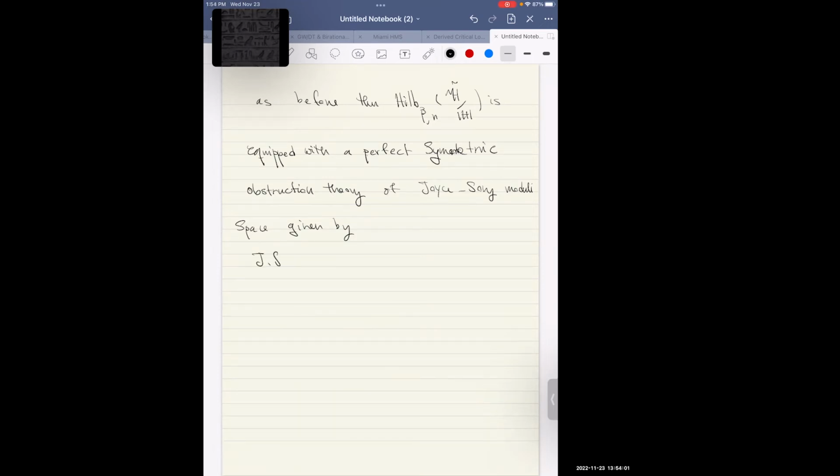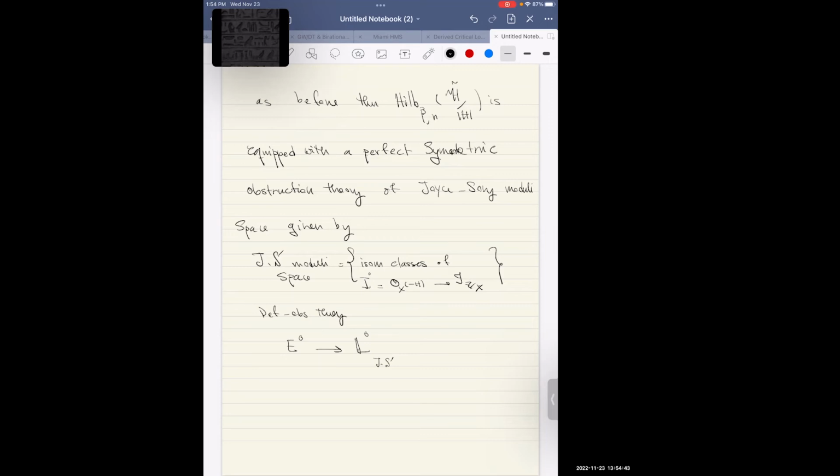Let's say the Joyce-Song moduli space is the set of isomorphism classes of maps O_X minus H to the ideal sheaf of Z in X. If I call this one I dot, this deformation obstruction theory is a map, which we discussed before, from E dot to the cotangent complex of the Joyce-Song moduli space.